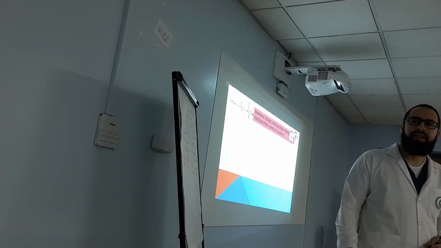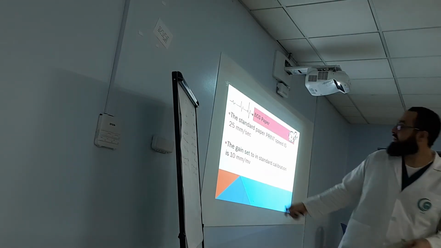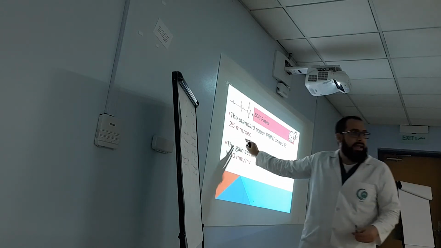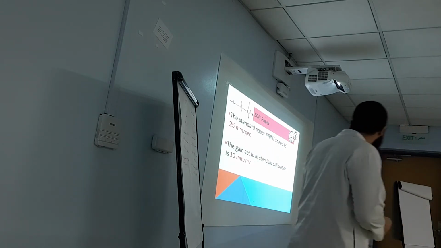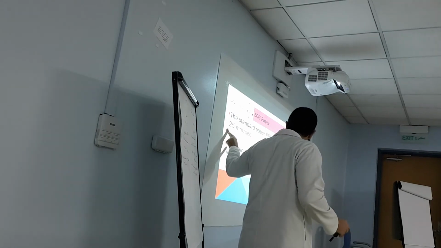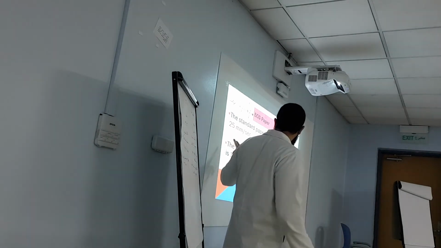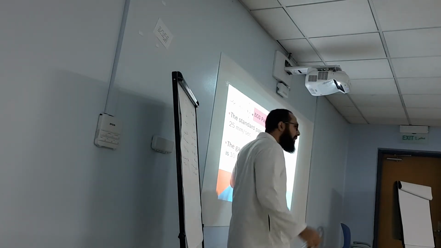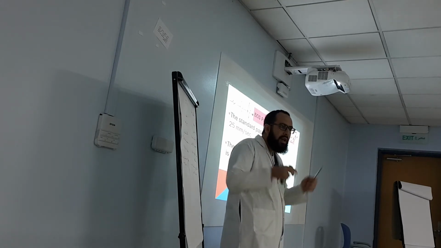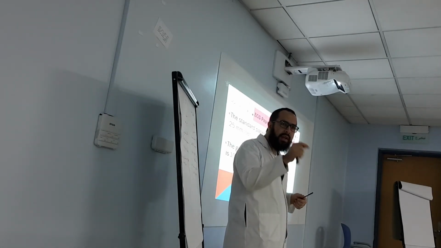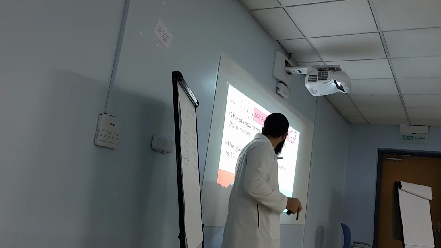So this is a standard setting. You put your machine on this setting. See the speed, the print speed, and the gain. See your ECG machine, play with it. Open the setting. You will find something called speed, the other one is called gain.